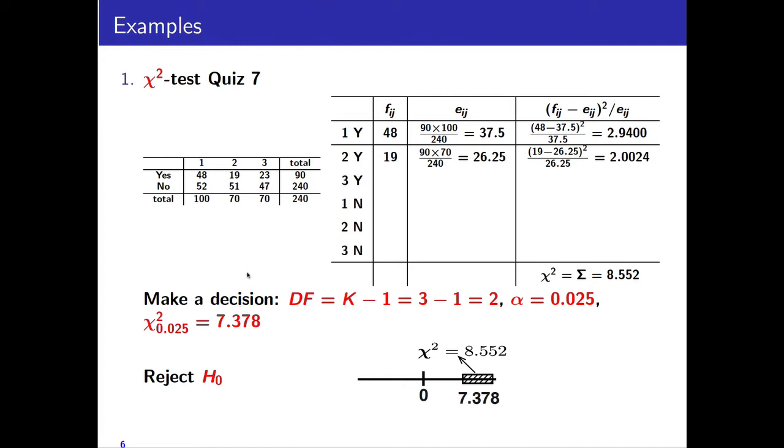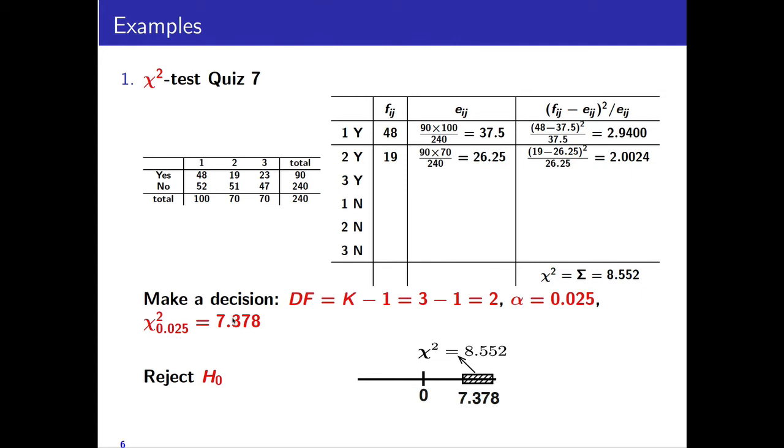Now, step number 3, make a decision. So for this case, you have k equals 3. You have 3 proportions, or you say you have 3 populations. And that you have 3 minus 1, which is 2. And then alpha, I give you alpha for this example to be 0.025. So your critical value is chi-square 0.025.